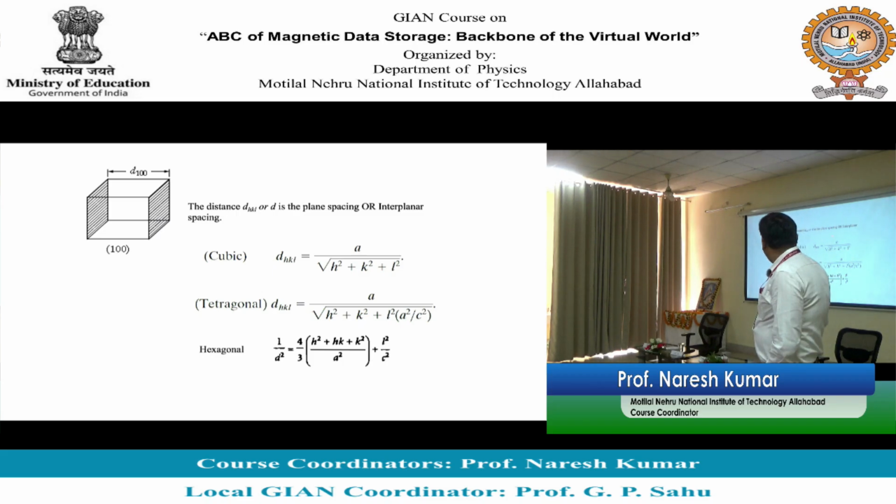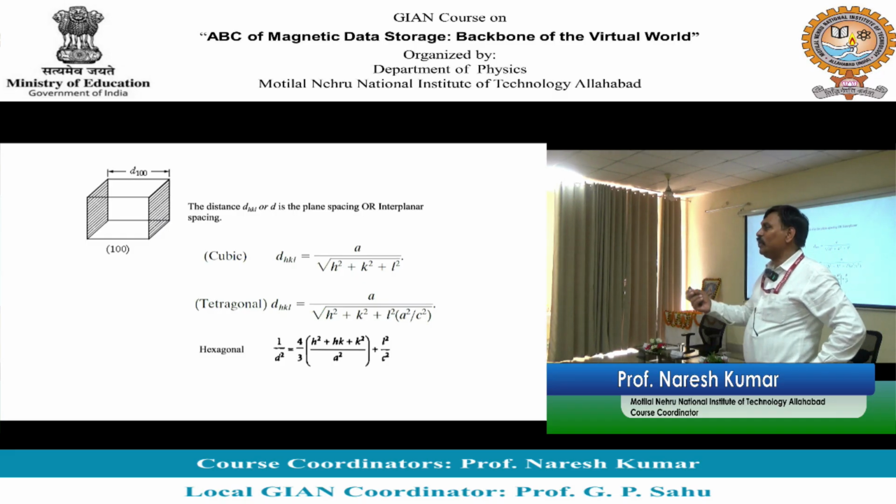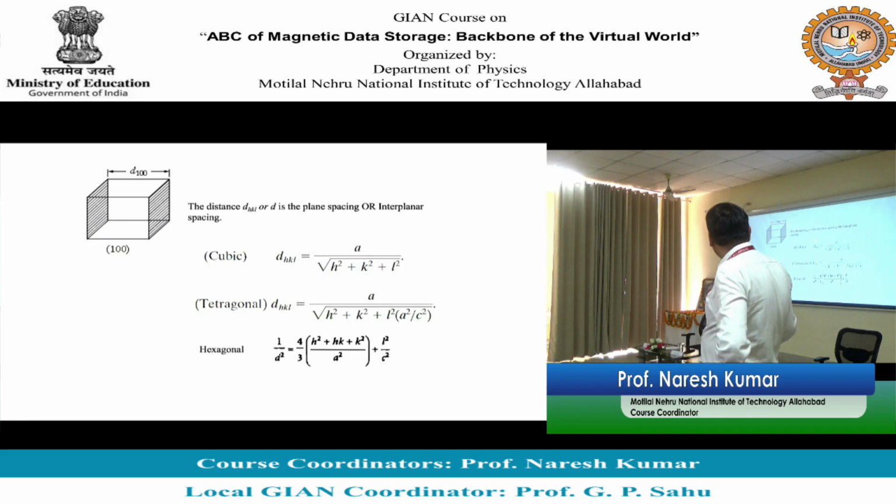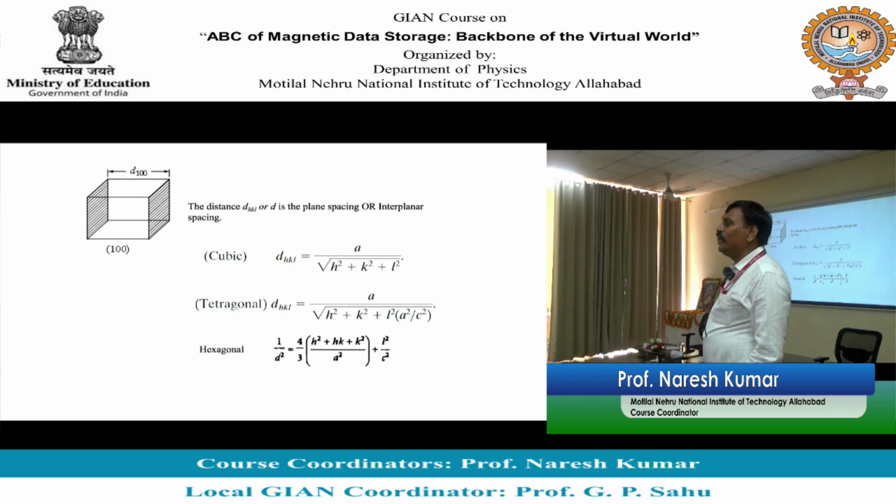So here A is the lattice parameter. The very fundamental property of any crystalline material is A. If I ask you to find out the lattice parameter of any crystalline material, what you must have? You must have D, you must have HKL. So getting D is simple: first you look at the planes and find the distance between them. But the problem is how to find out HKL.